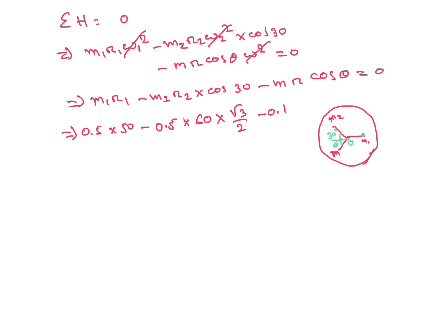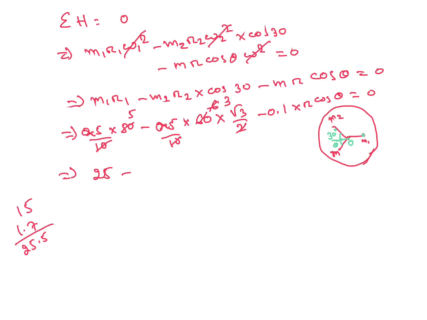So 25 minus 15 into root 3, which is 25.5 approximately, minus 0.1 r cos theta equal to 0.